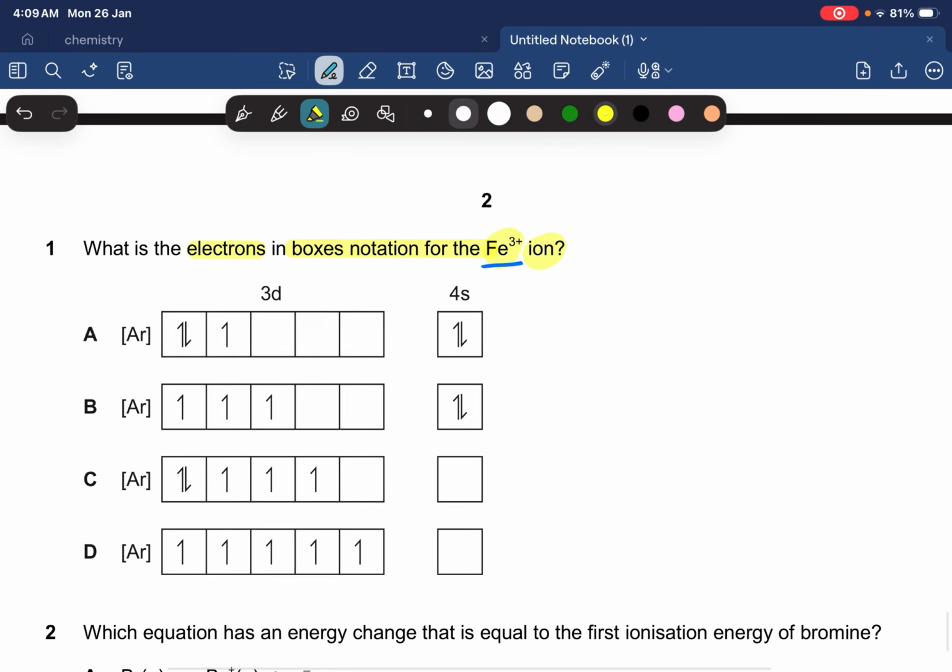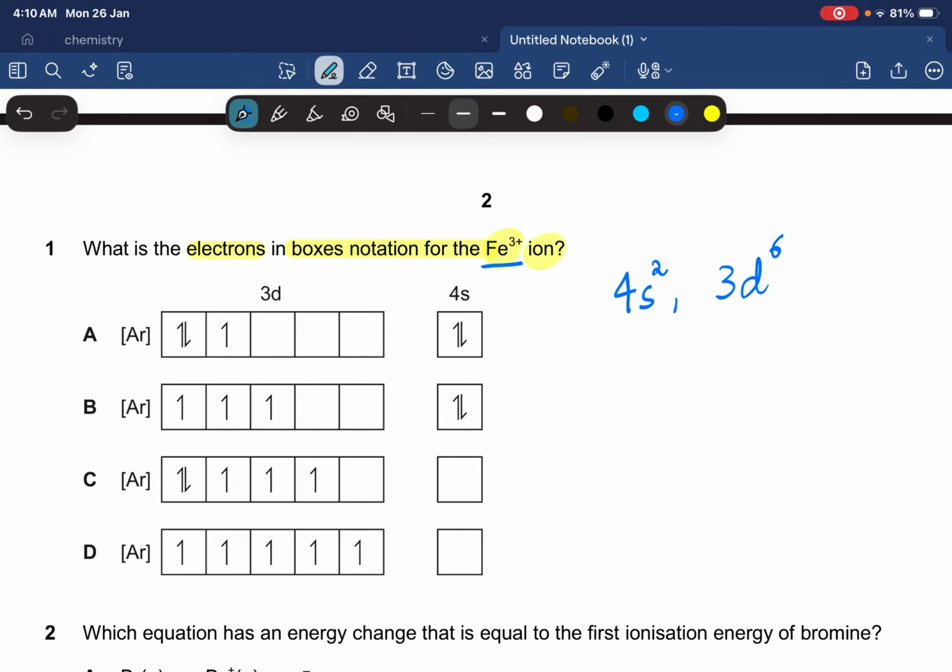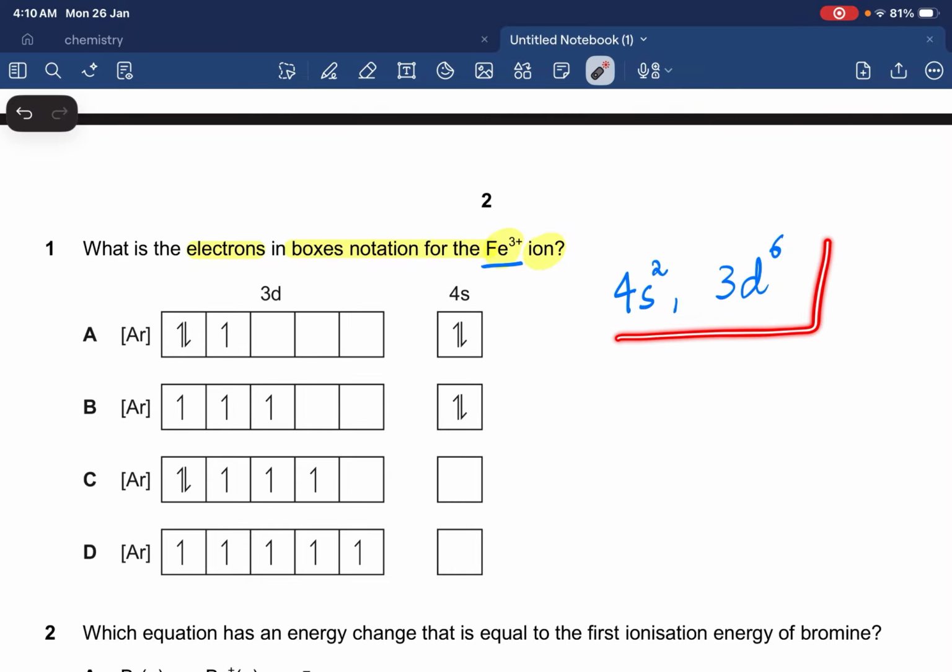So for Fe3+ ion, the first thing that I'm going to do is tell myself the last shell electronic configuration, which was 4s2 and 3d6, right? But now when I talk about the energy levels, this is of an Fe atom and I have to draw for an Fe ion.